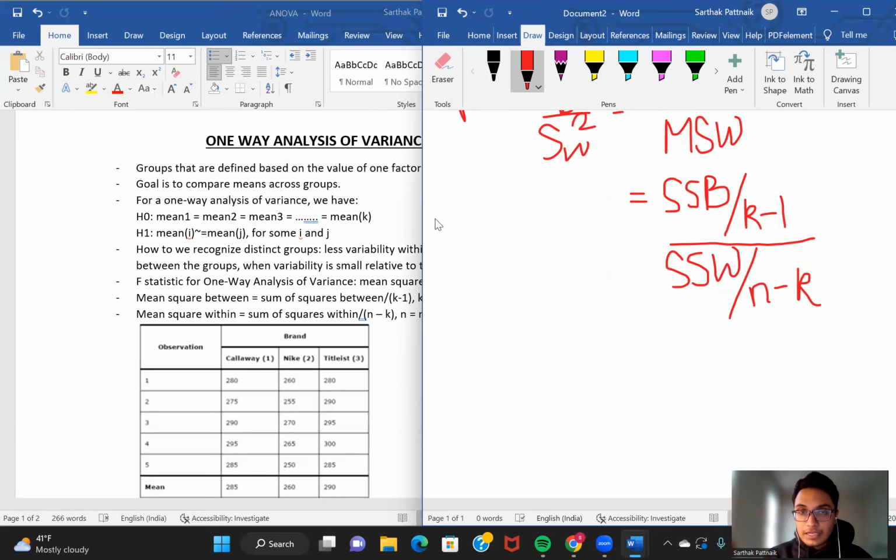Here, k represents the number of groups and n represents my total number of observations.